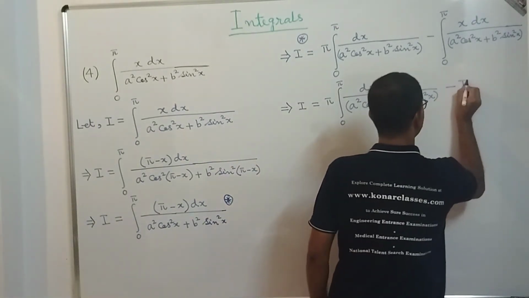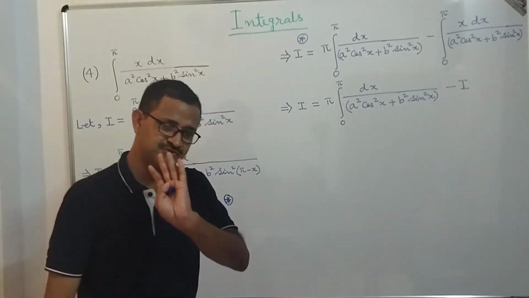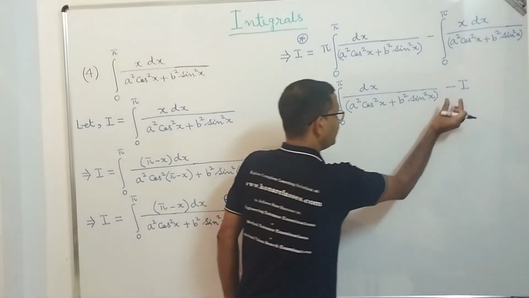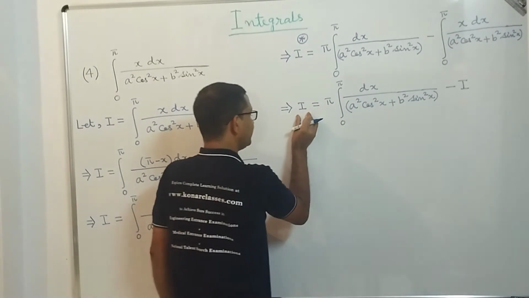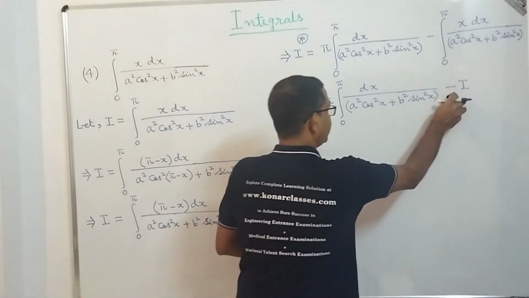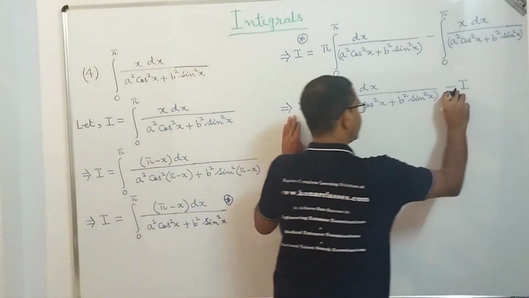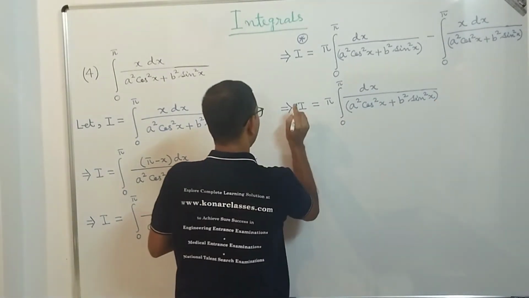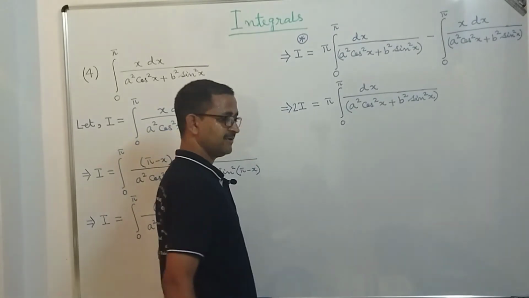Minus I. Okay, well understood. Now in the next step we can bring that minus I to this I, so it becomes 2I.